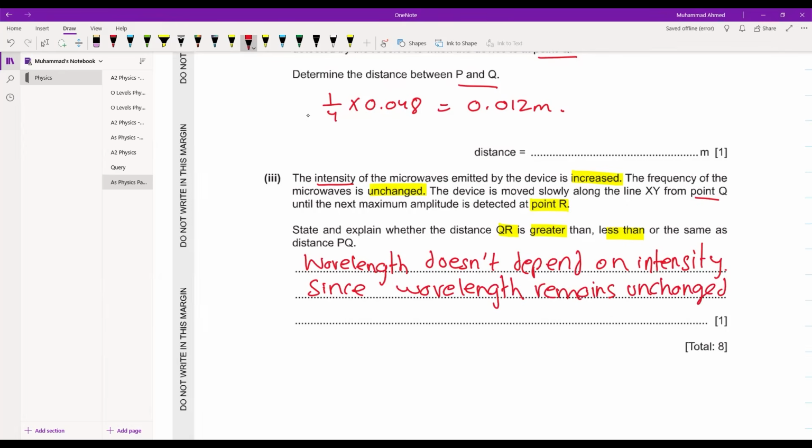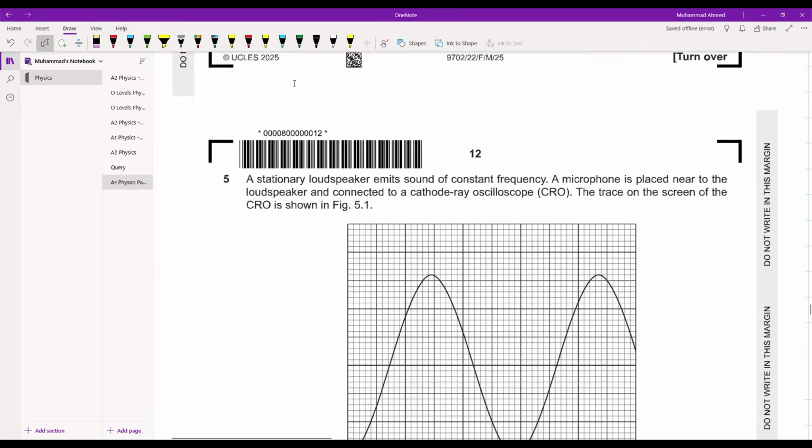Since wavelength remains unchanged, what will happen? Distance QR remains unchanged. Perfect. Let's further move ahead.